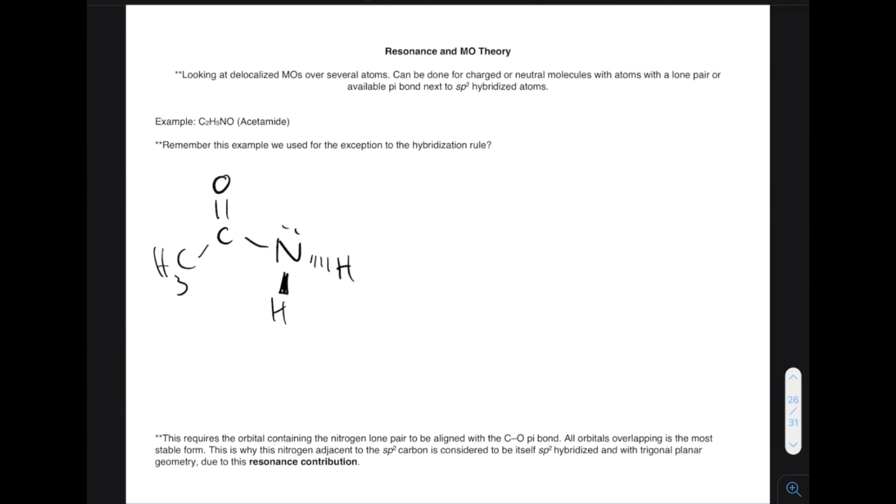And so the way I have it drawn here, like we previously discussed, we're suggesting this nitrogen is sp3 hybridized, right? But if we remember, it should actually be sp2 hybridized, right? So, I'm actually going to erase what I've drawn.